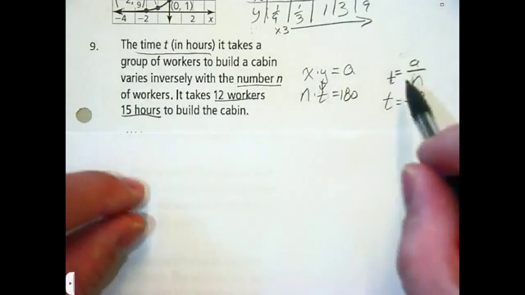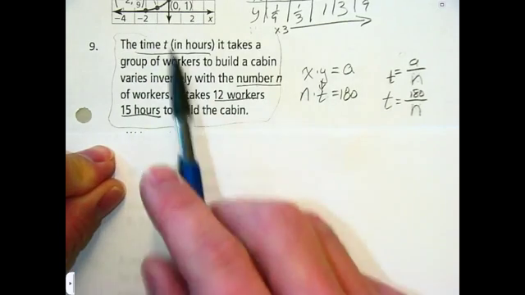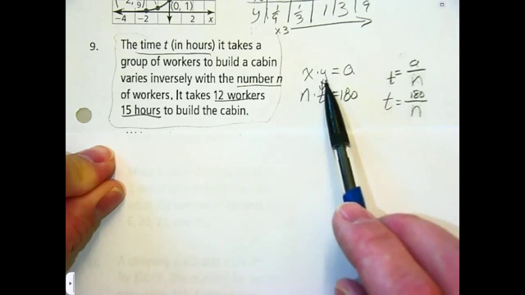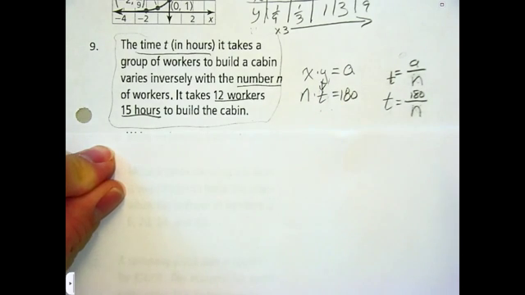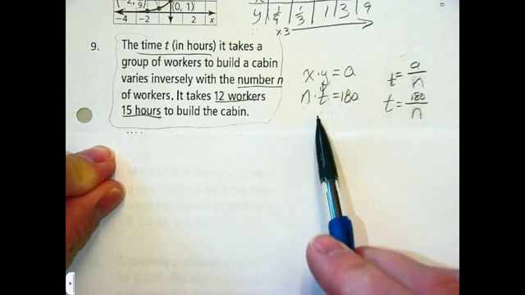The reality is, though, the way you're writing it and the way you're reading it, the time is going to depend upon the workers, and y is your dependent value, so time would be dependent. When you're figuring out this, though, it doesn't matter because you're multiplying n by t.